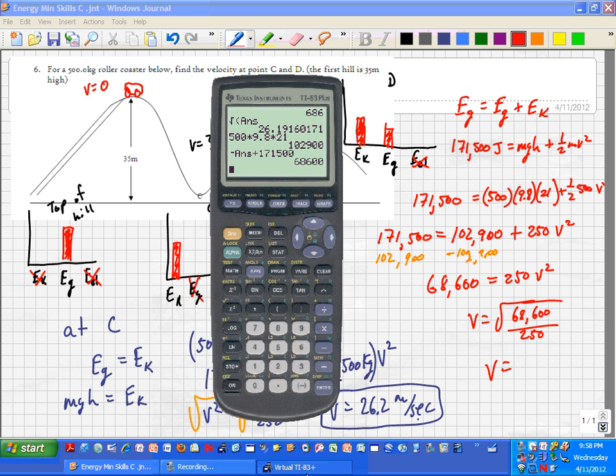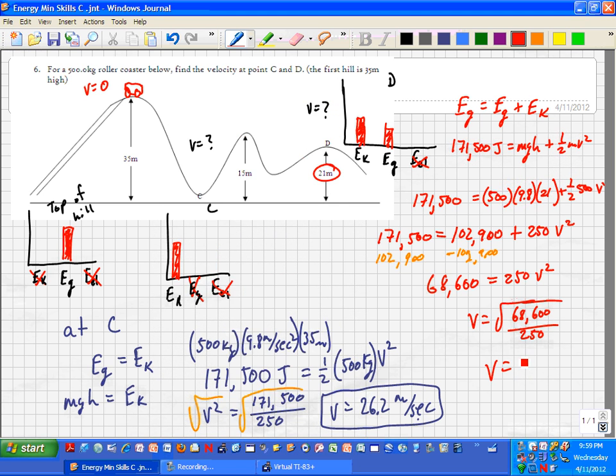I hit enter, and then I take the square root of that, and I get 16.6 meters per second as my velocity at point D, and I'm done.